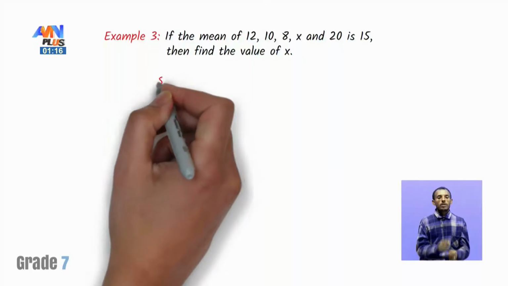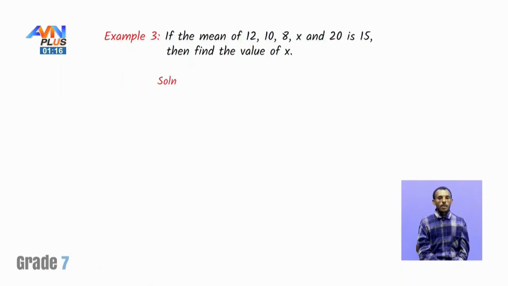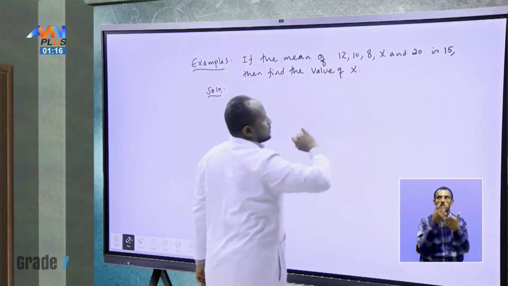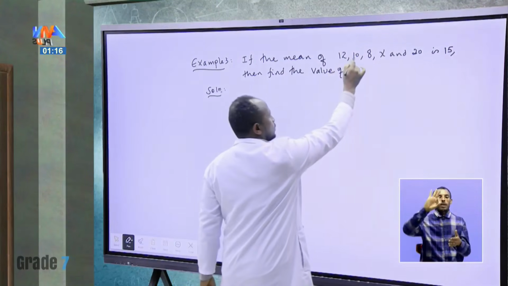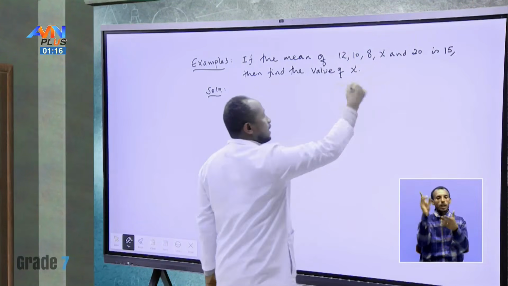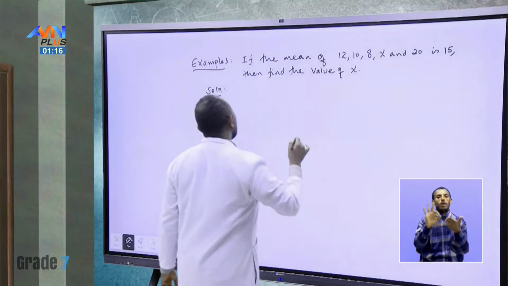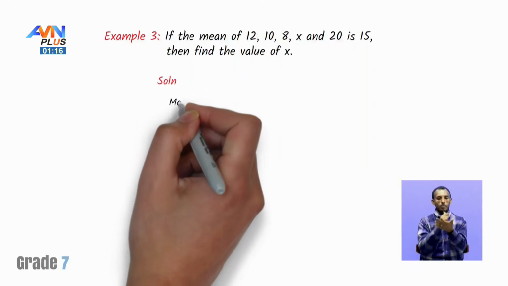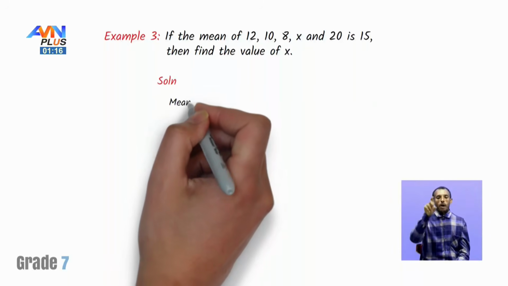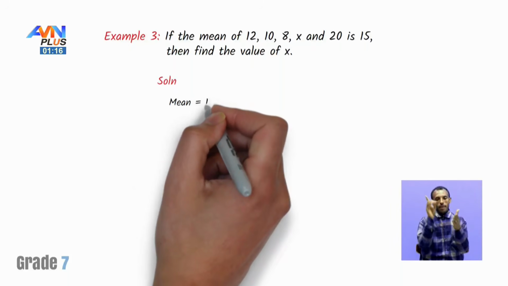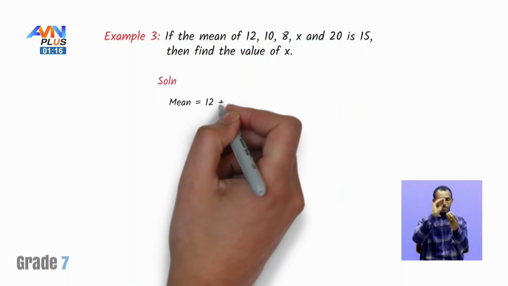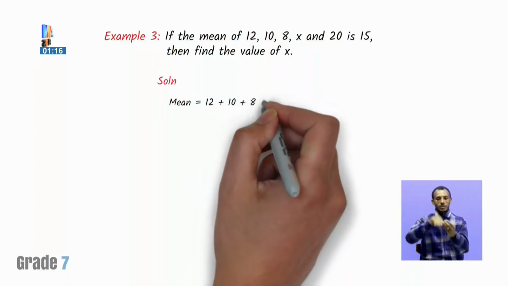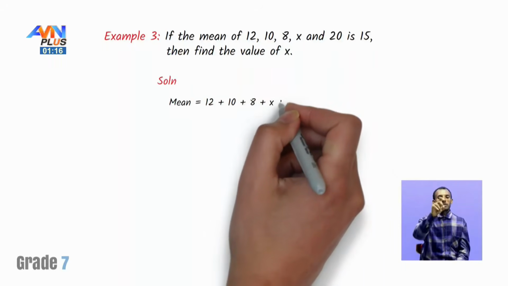Solution. The mean of this data set is obtained by adding each data and dividing by the number of data. So mean, or x bar, is equal to 12 plus 10 plus 8 plus x plus 20.